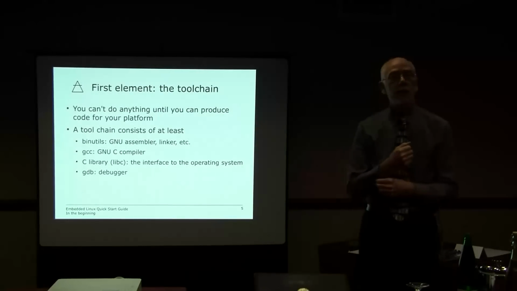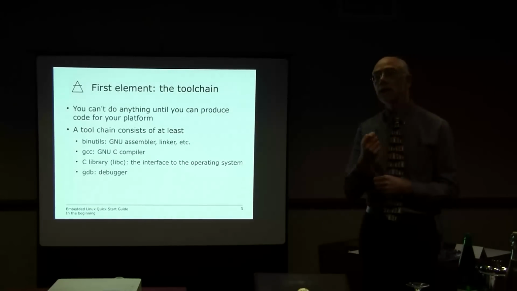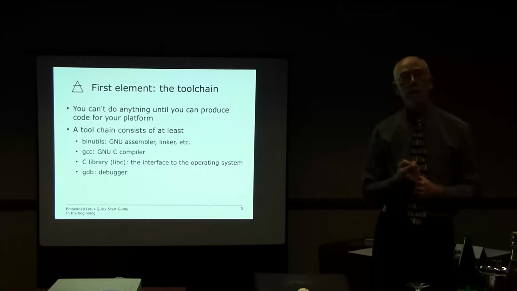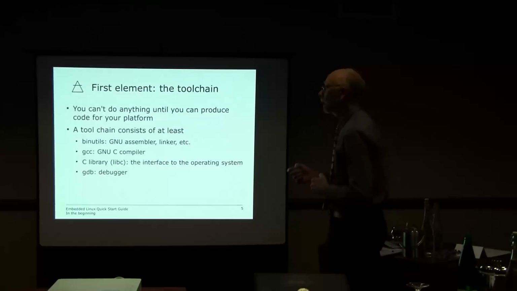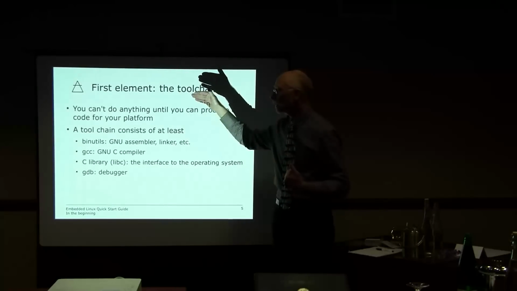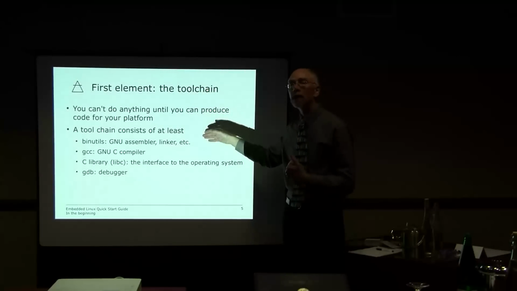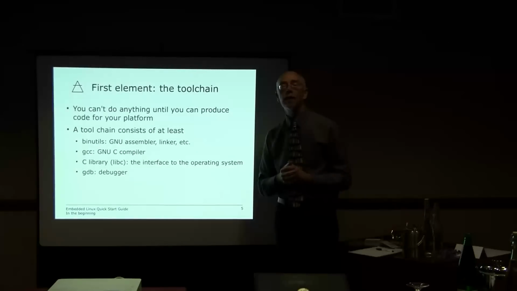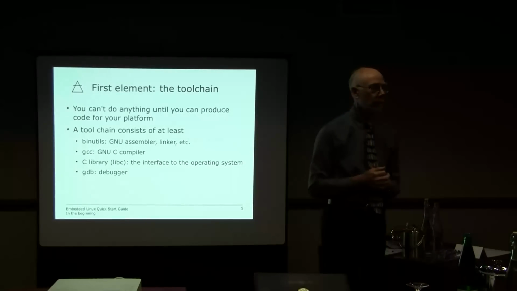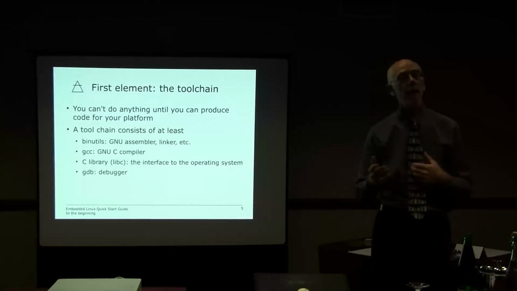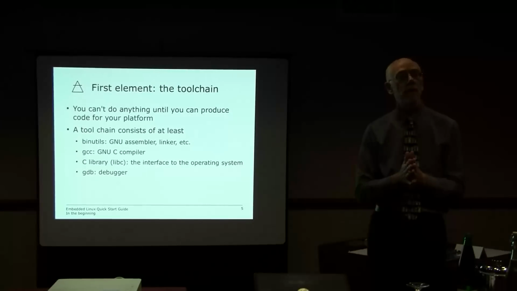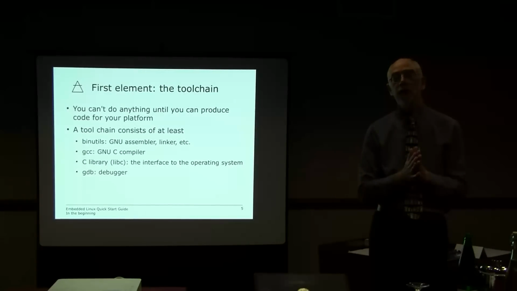We're talking about GNU toolchains here, of course. So you need a package called binutils. Binutils, binary utilities. This has the assembler, the linker, really anything that has to do stuff with object code. So you need to get hold of that and have a version that will generate code for your target.